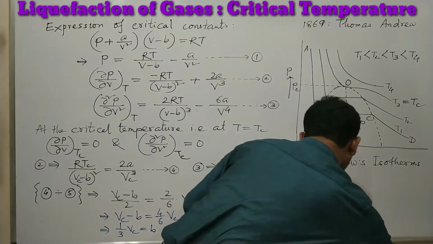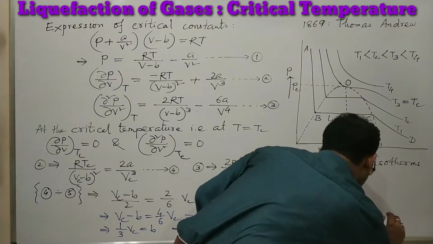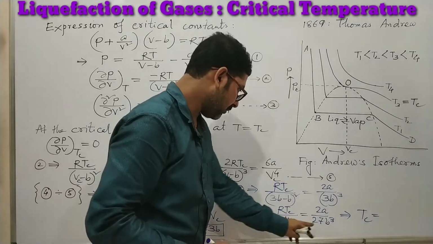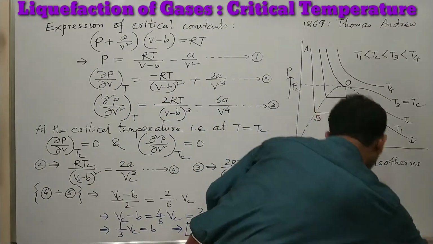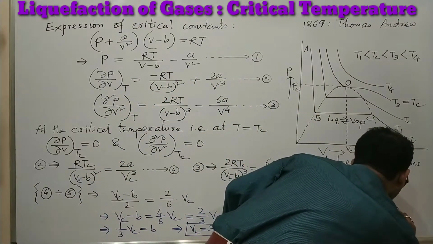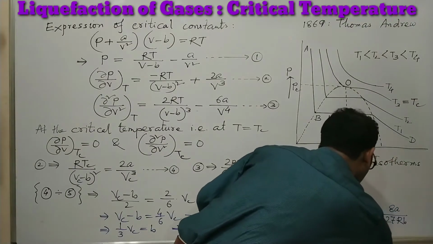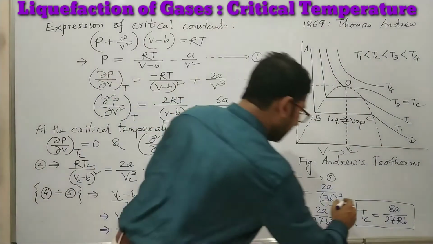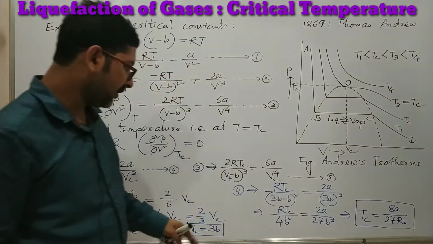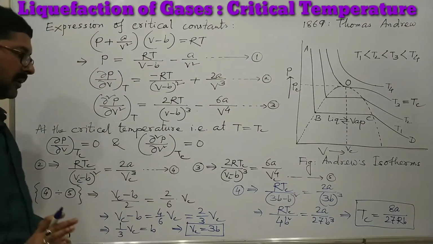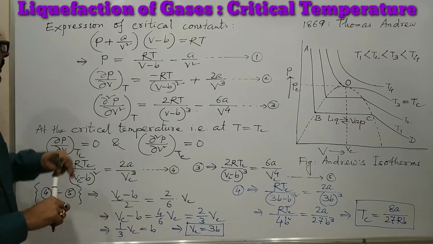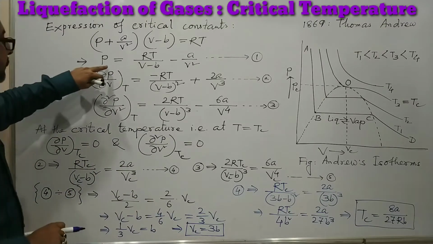This gives us Tc equal to 4 into 2, B square is cancelled out, B is here, so Tc equal to 8A by 27RB. This is the expression of critical temperature, 8A by 27RB. Okay, it is right.